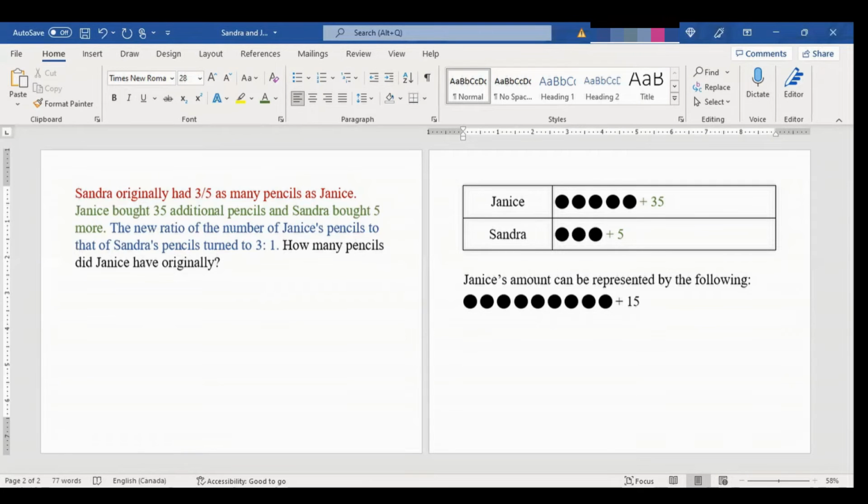Now that we have that, to get our answer, we're going to compare Janice's amounts. So we have the new amount, which is 9 circles plus 15, but it is also 5 circles plus 35. Now we can compare the two.